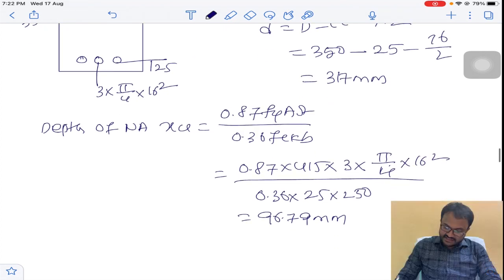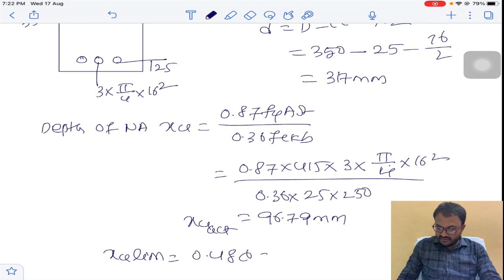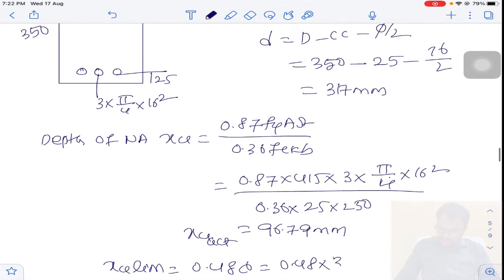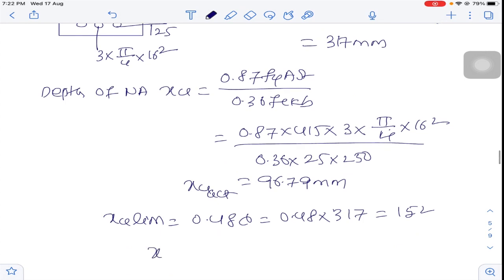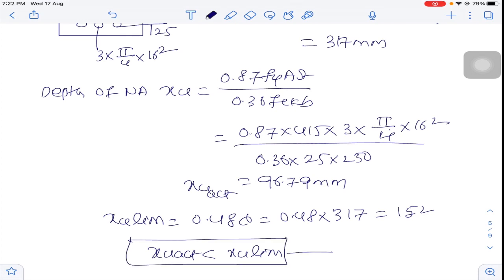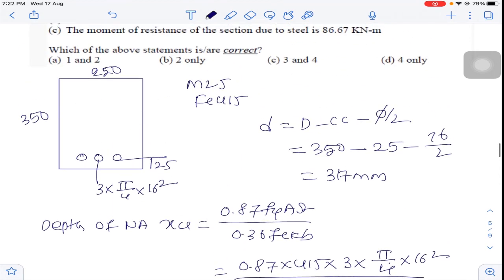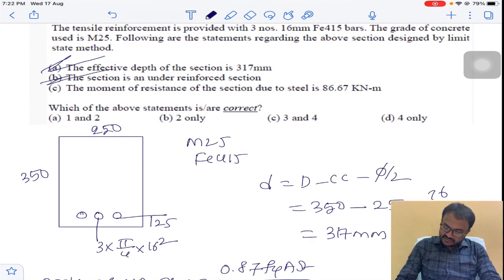So this is XU, actual depth of neutral axis, and XU limiting depth of neutral axis for Fe415 it is 0.48, that is 0.48 into d is equal to 317. So that will be 152. As XU actual is less than XU limiting, what type of section it is? Under reinforced section. Clear? So second statement is also correct.